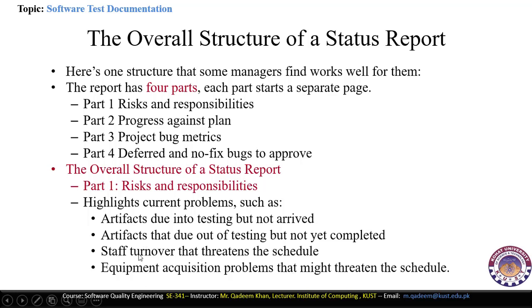Also, we have staff turnover that threatens the schedules, meaning that the people who are required to perform the testing, the responsibilities, are not available for the testing. And equipment acquisition problems that might threaten the software testing schedules. These equipments are very important, and include different tools and technologies for the software system, and they are not properly available to us.